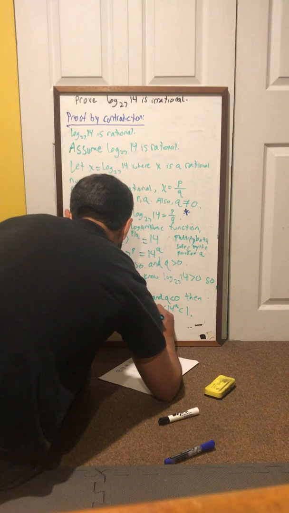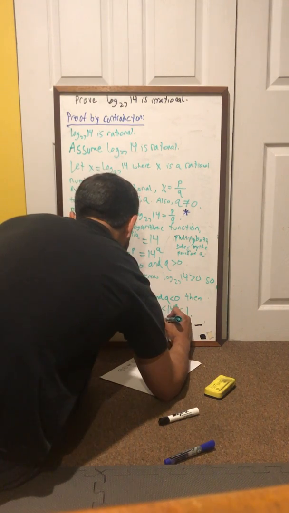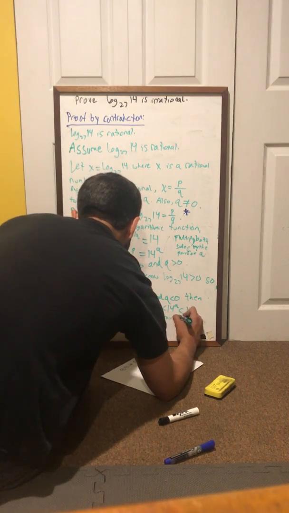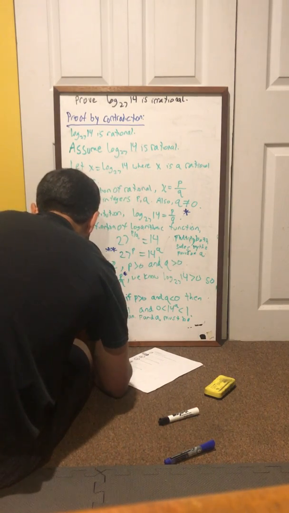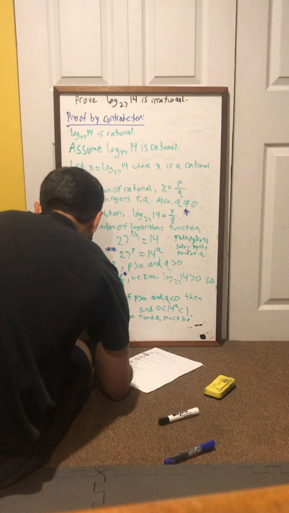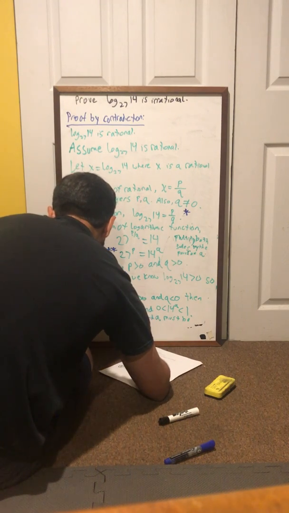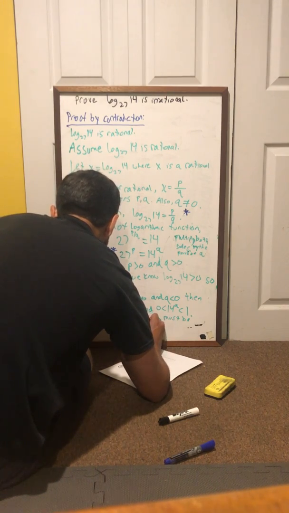P and q must be the same sign if p over q is greater than 0.